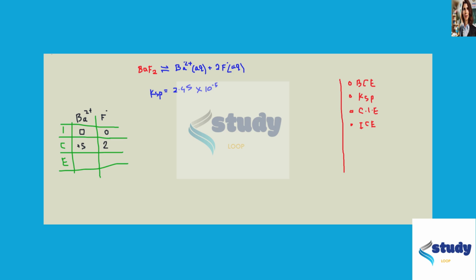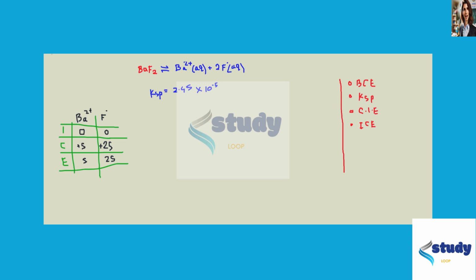This 2 is coming from here. I need to put S here. So here is our 2S. Now, what is the concentration at equilibrium? E stands for equilibrium here, so we need to add them up. So here it should be S, here it should be 2S.